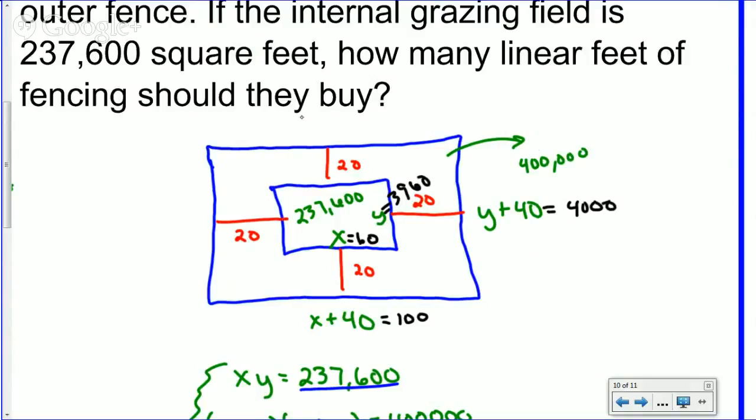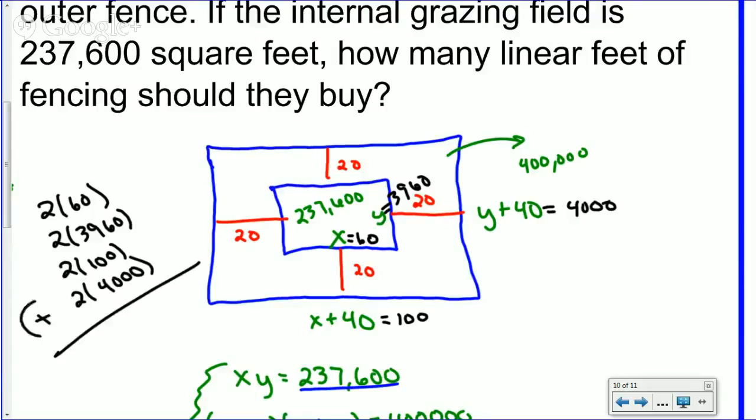It says how many linear feet should they buy of fencing? Well, start here. I've got two sides that are 60. I've got two sides that are 3,960. I've got two sides that are 100. And I've got two sides that are 4,000.